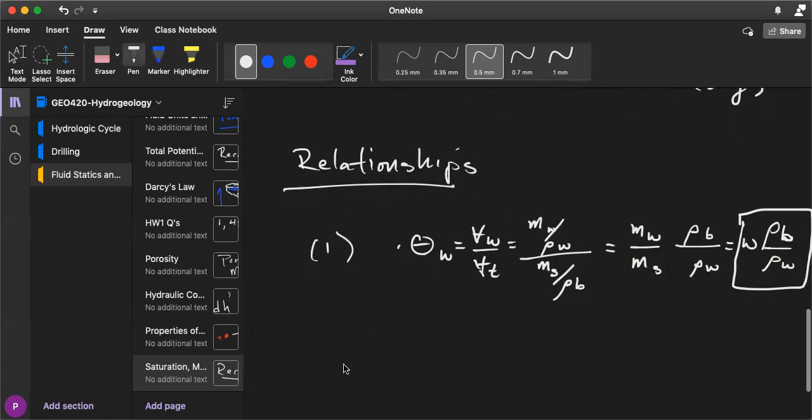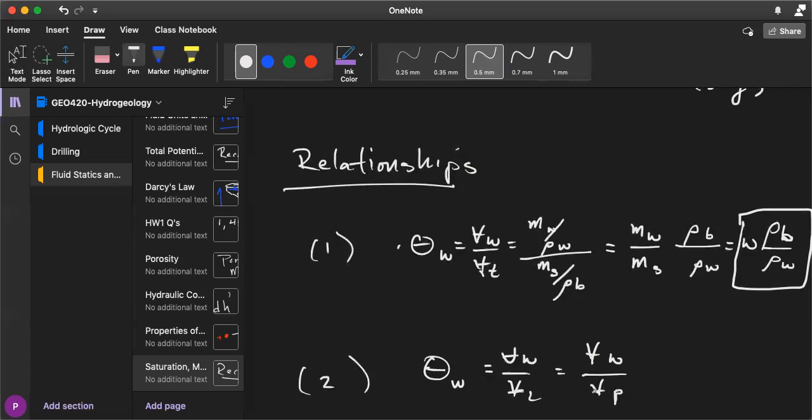Another important relationship here. This is one that gets used a lot. Theta sub W is equal to VW over VT. And I'm just going to divide by the volume of the voids here, and multiply by the volume of the voids here.